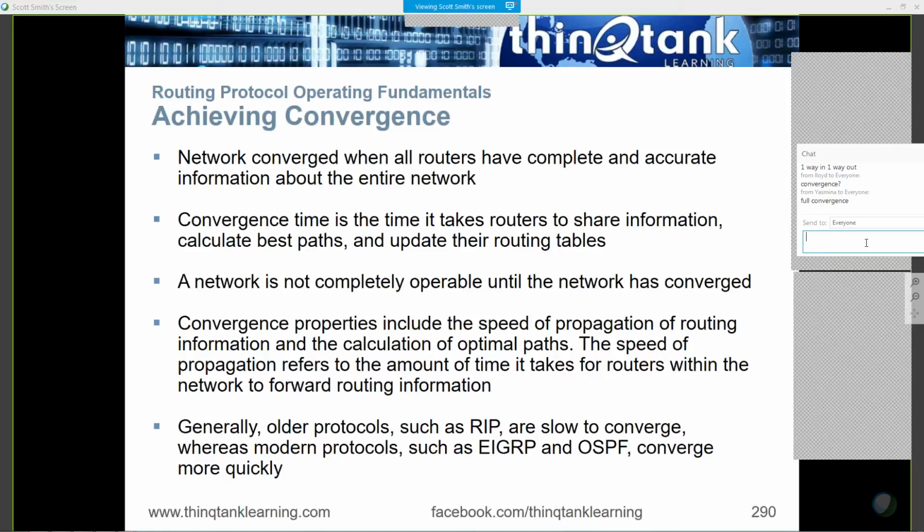There are generally two things that we consider when we're trying to pick a routing protocol for our enterprise. Number one, how quickly does it converge? And number two, how scalable is the protocol? Scalability meaning how large can my network get? All right? There are some other options we might look at, ease of configuration, stuff like that, but all right?